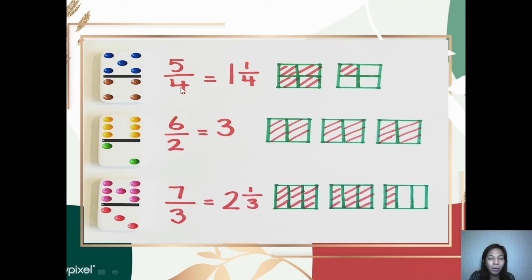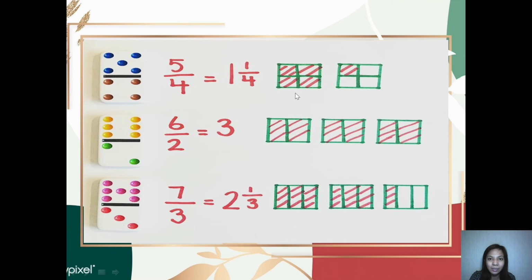How many 4 are there in 5? 1, 2, 3, 4, right? So only 1. The answer here is 1. And then how many left? 1. And then copy denominator 4. 1 and 1/4.